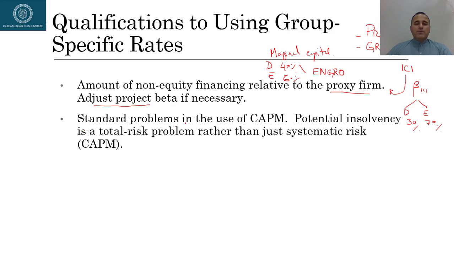The standard problems in the use of CAPM. And what is the standard problem? Potential insolvency is a total risk problem rather than just systematic risk. If you remember, total risk is systematic risk plus unsystematic risk.